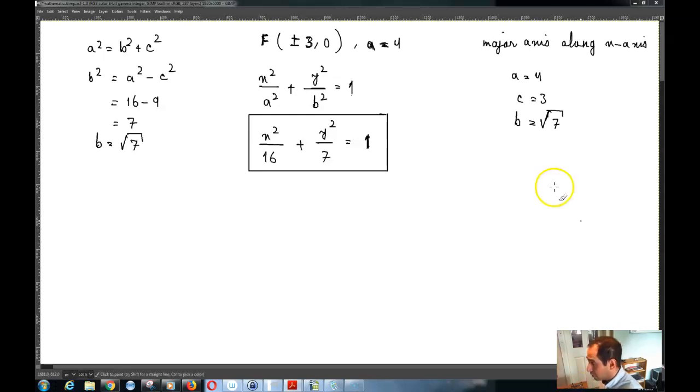Now, as another example, suppose that you have this information. You know that b is equal to 3 and c is equal to 4, the center is at 0, 0 at the origin, and your foci are on the x-axis.